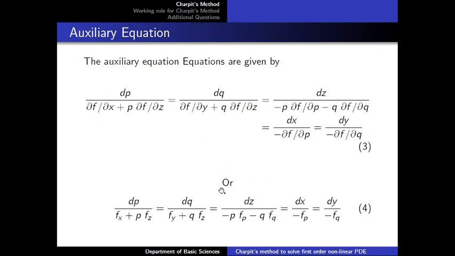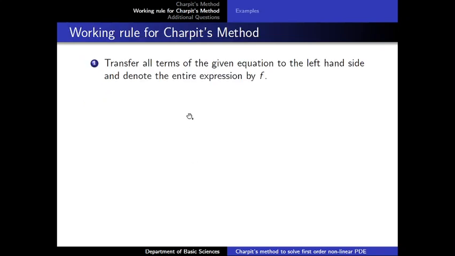Let us discuss the working procedure of Charpit's method. In the first step, we transfer all terms of the given equation to the left hand side and denote the entire expression by f. That is, we are making an equation of the form equation 1. In the second step, we write down Charpit's auxiliary equations in the form of 3 or 4.